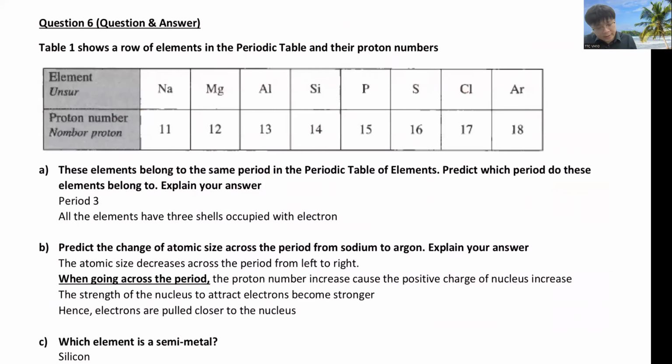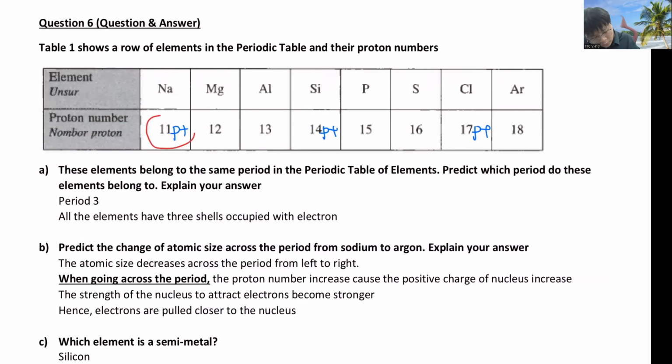So here you can see 11, we know this is 2.1, 2.2, so all this is period 3. They achieve shell occupied electron. So when going across the period, what happened? As the proton number increases, this is 11 protons, this is 14 protons, this is 17 protons.